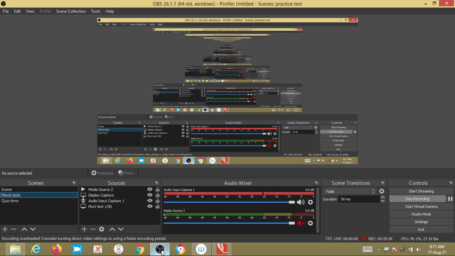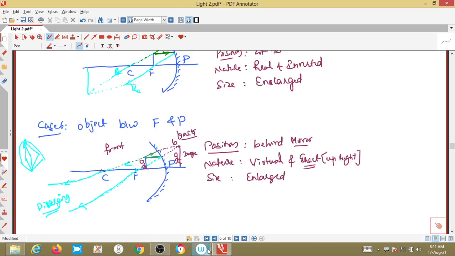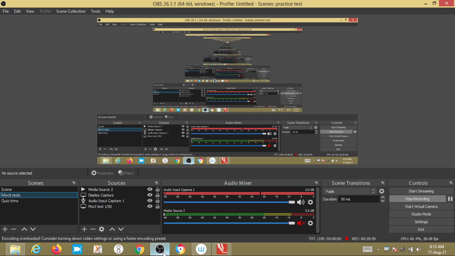In a convex mirror you will have 2 different cases. We will see that now. We have seen 6 different cases for concave mirrors.